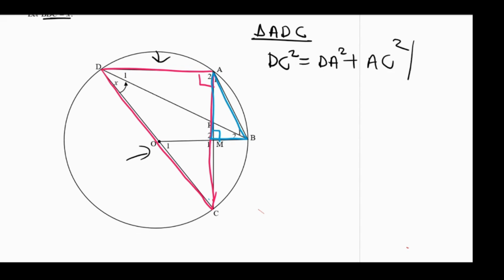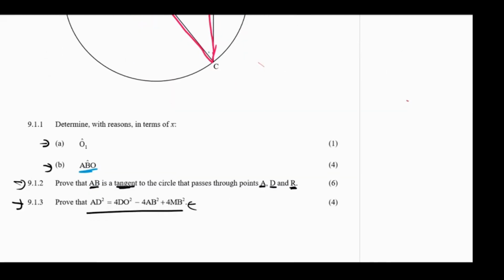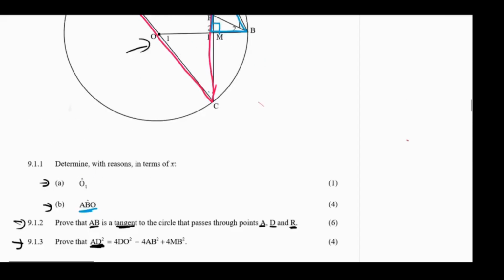And the reason for this, you can simply say Pythagoras theorem. Now, remember that what we are required to prove, we need to say AD squared is equal to something. Some of these values are not part of the triangle, they are part of the other triangle. So we need to find a way.